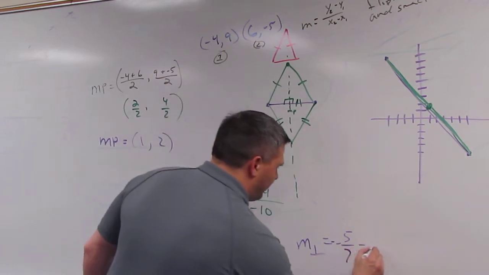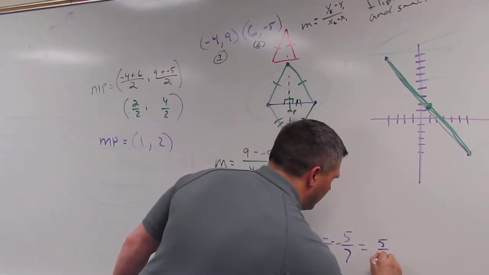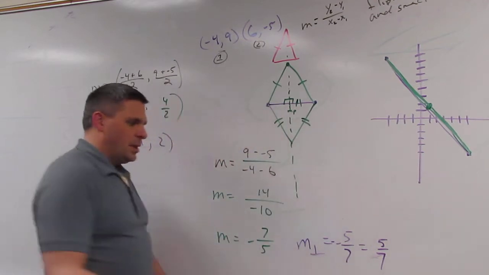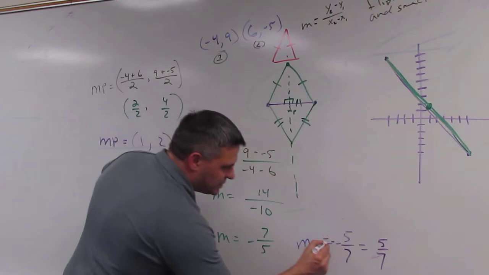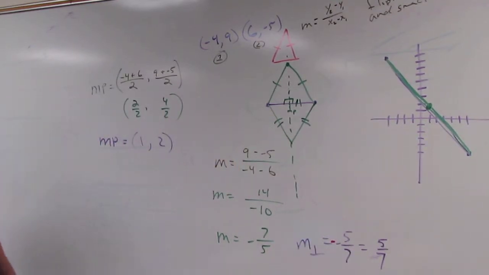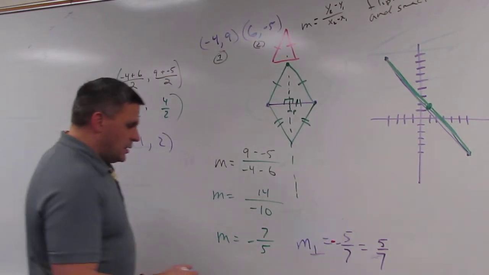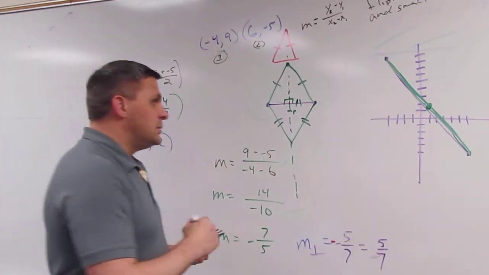A double negative implies that it's a positive, so it's 5 over 7. Okay? So there's that second smack right there. So you flip it, you smacked it, you got 5 over 7. All right? And now we know what our m perpendicular is.